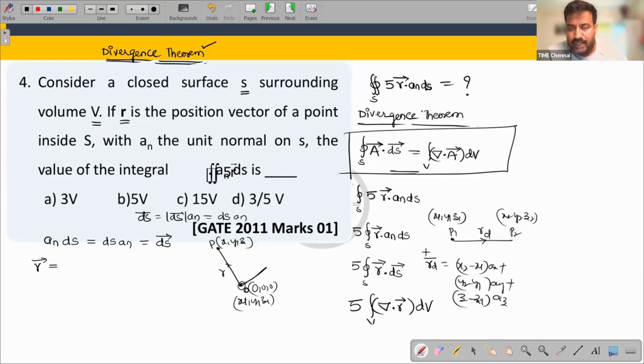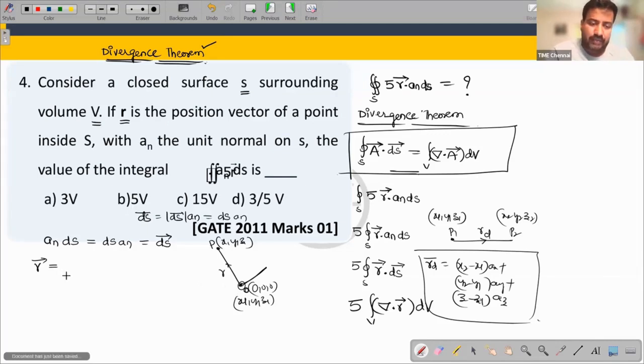You call this RD a distance vector because it is a vector between 2 points. Whereas when one of the points is origin, it becomes a position vector. Here x1, y1, z1 are 0, 0, 0. Therefore the position vector R is xax plus yay plus zaz.